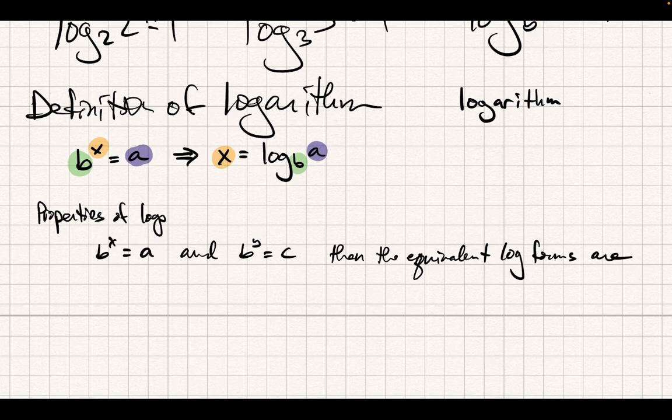So I have b to the x equals a, and b to the y equals c. What are the equivalent log forms of those?